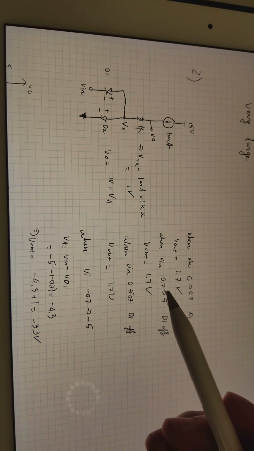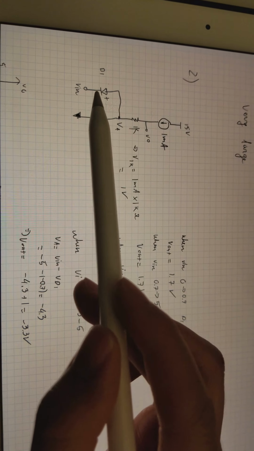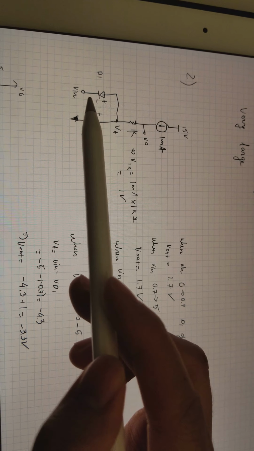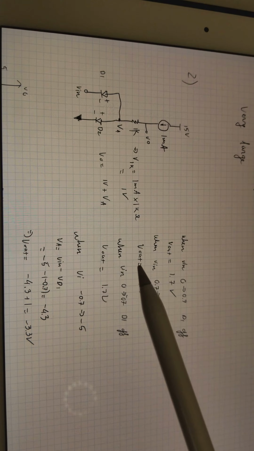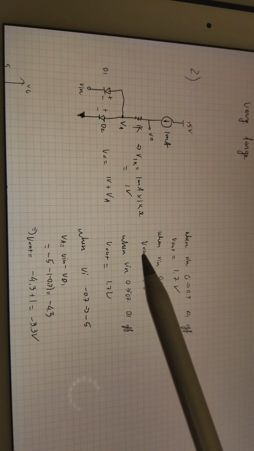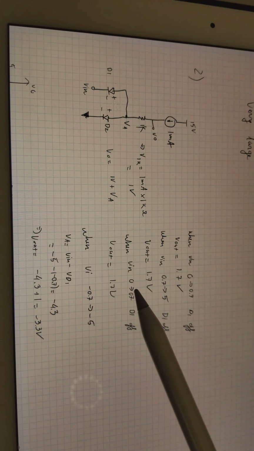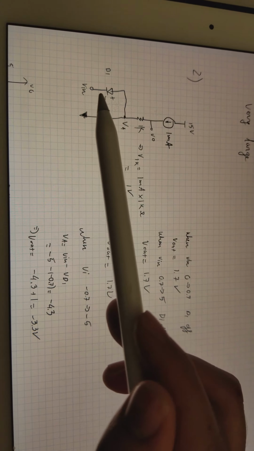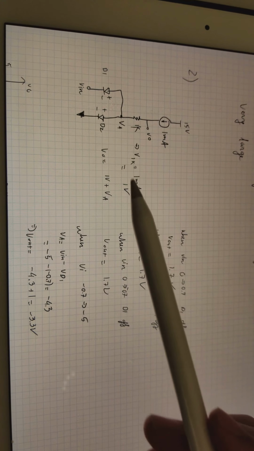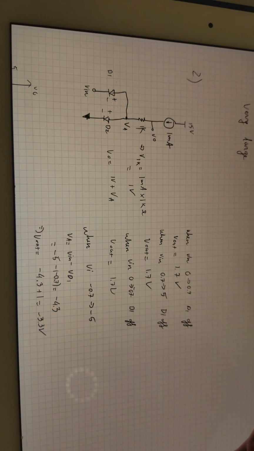When V in is 0.7 to 5, the first diode is still off. It's in reverse, so it's off. V out is still 1.7. When V in is 0 to minus 0.7, the voltage across this is not strong enough, so it's still off, and the voltage output is still 1.7.